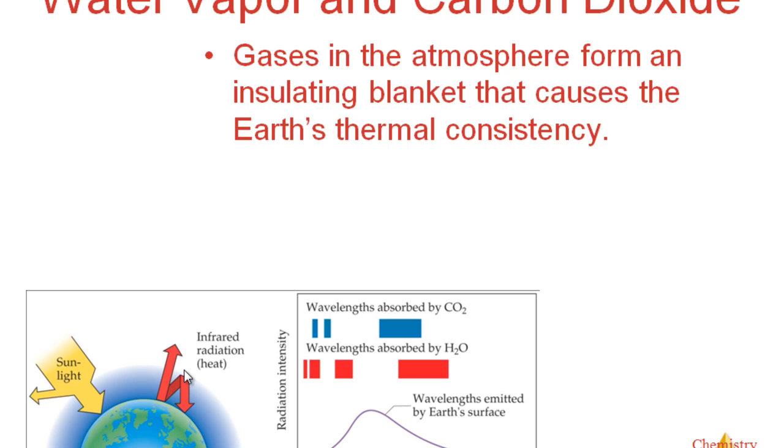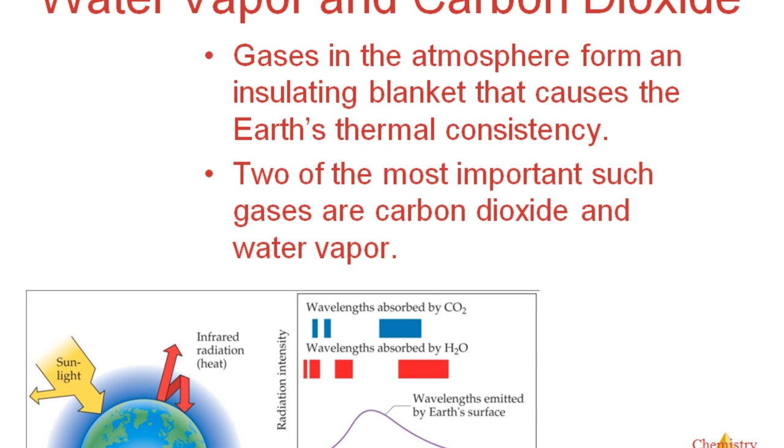As you can see, this is the range of wavelengths usually emitted by Earth's surface, and the wavelengths absorbed by carbon dioxide and water. They cover most of it, as you can see. So they send it back to Earth's surface. In other words, most of this infrared radiation, the heat, is not escaping. So we have a constant heat blanket above Earth, and therefore life is possible.